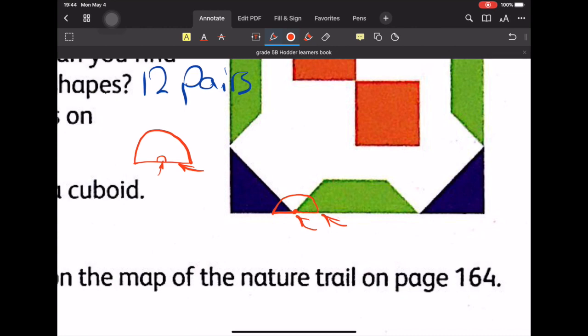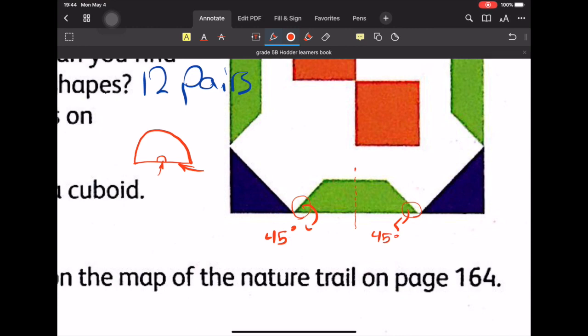Once you measure this one in your book, in real life, you will notice that this angle is going to be 45 degrees. And this angle following that, we said this is a symmetric line. So whatever is happening here is going to be identical on the other side. So obviously this is going to be 45 degrees.